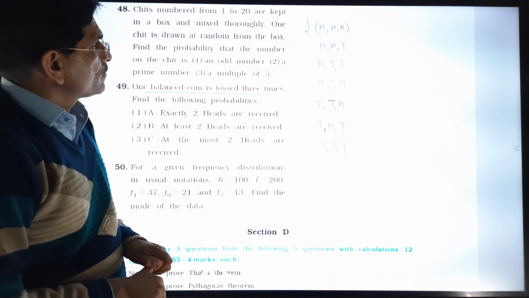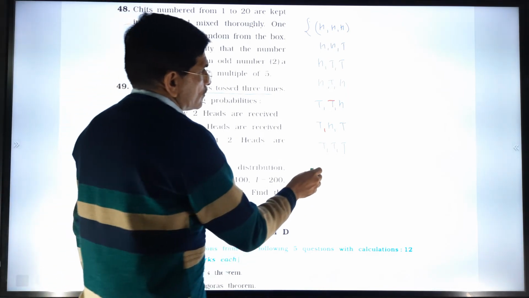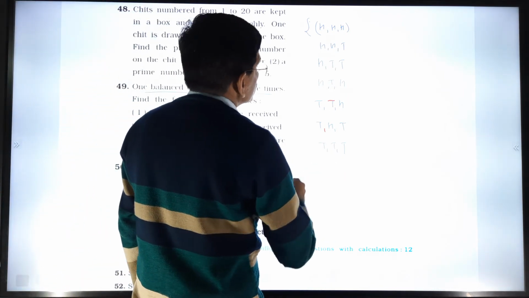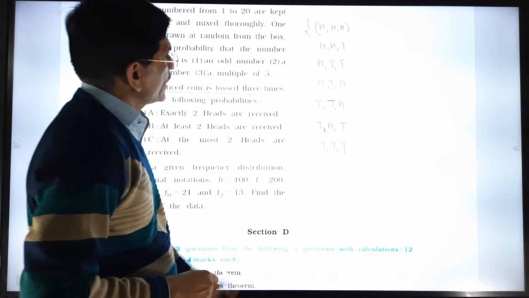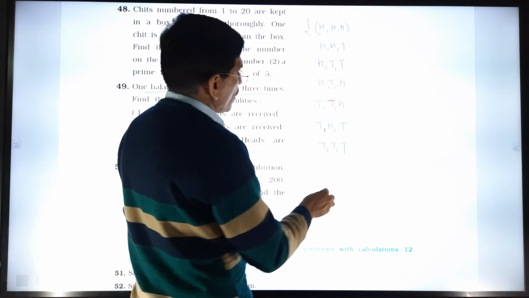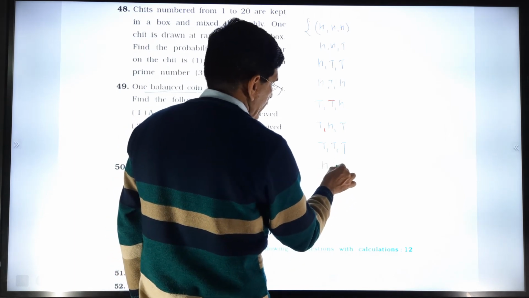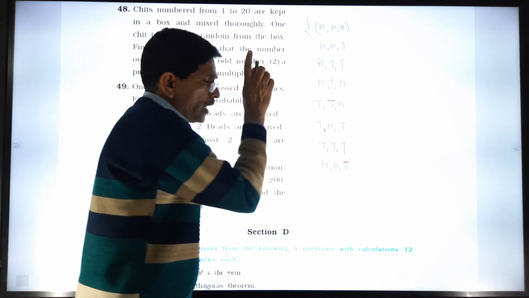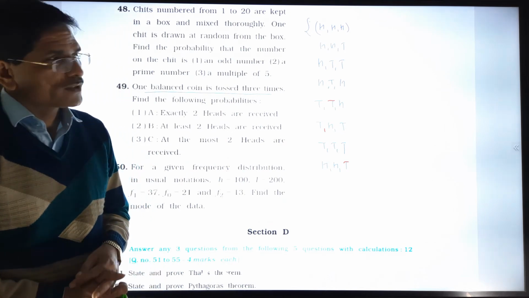Check which is remaining: tail, tail, tail. So anyhow you have to write this first.